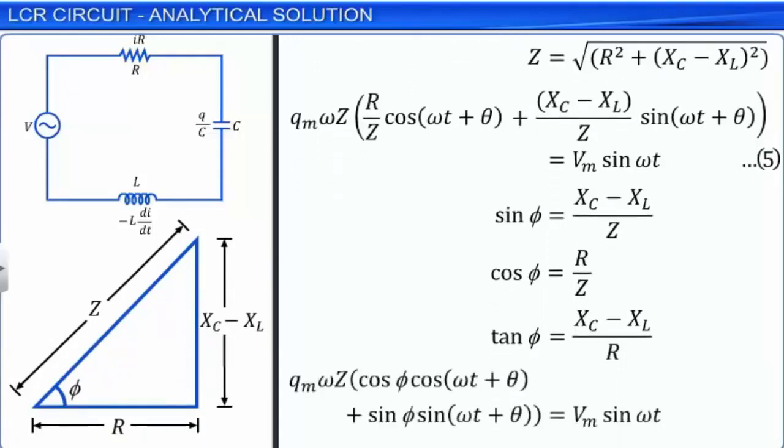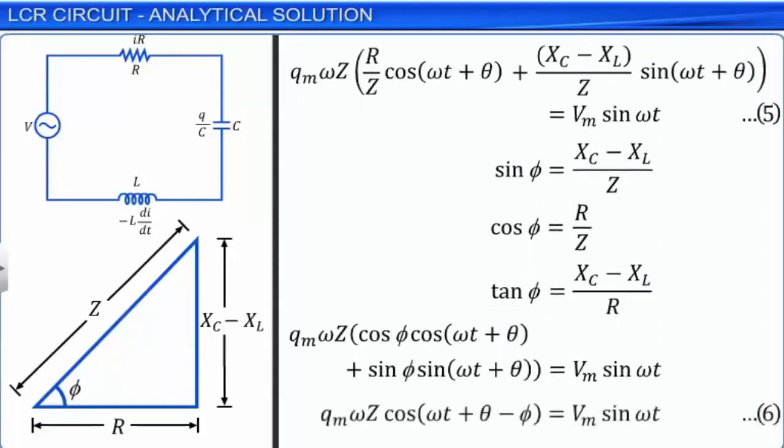This can now be written as Qm omega Z cos(omega t plus theta minus phi) equal to Vm sin omega t. Let this be equation 6. Here, we have used the trigonometric identity cos A cos B plus sin A sin B is equal to cos of (A minus B).